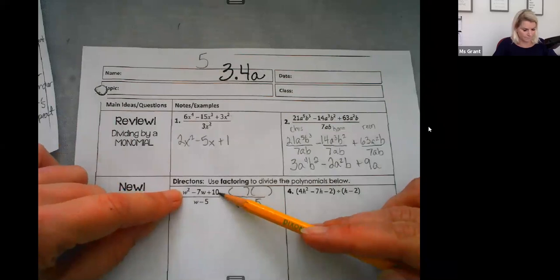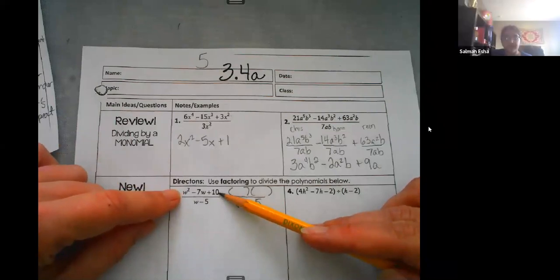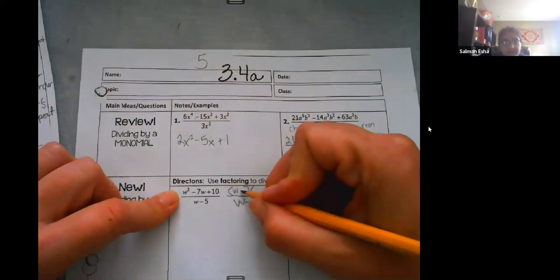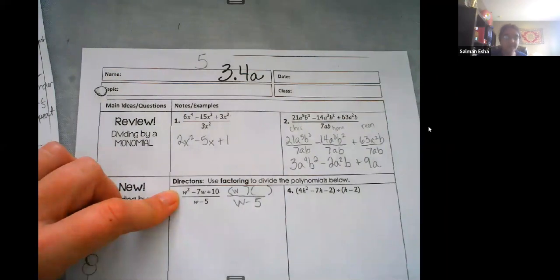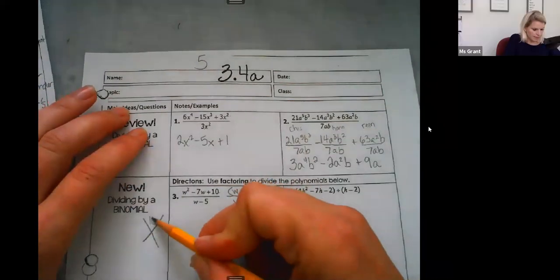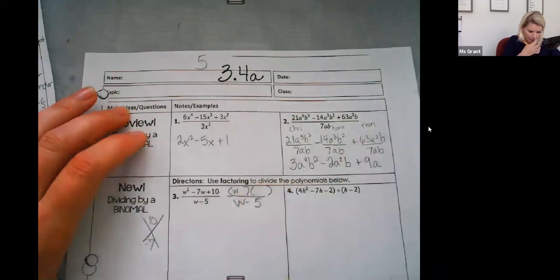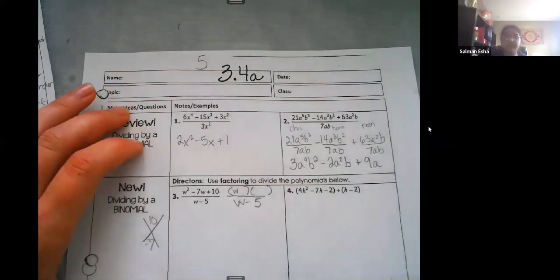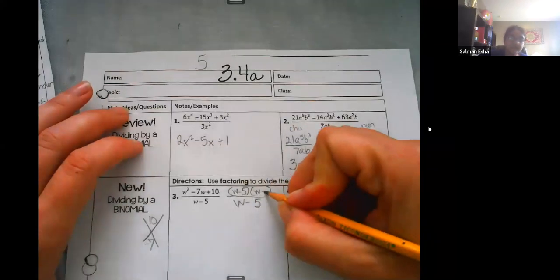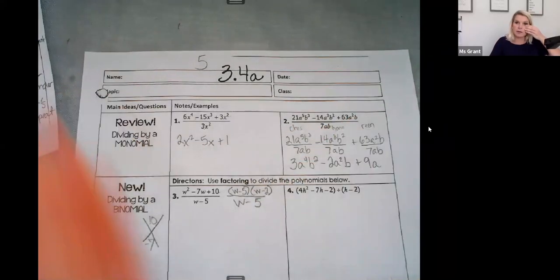So you can do w minus, w plus 5. Two numbers that multiply to make 10 and add up to negative 7. Oh, negative 5 and negative 2. W minus 5, w minus 2.